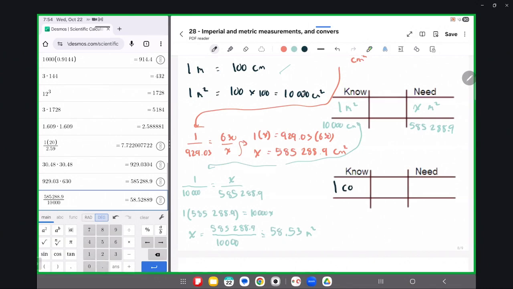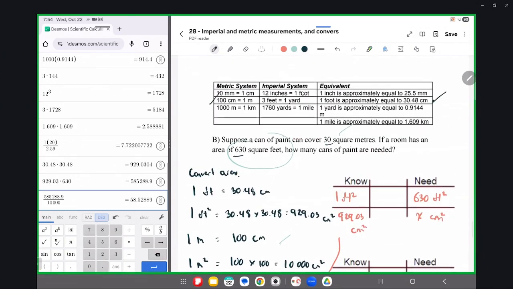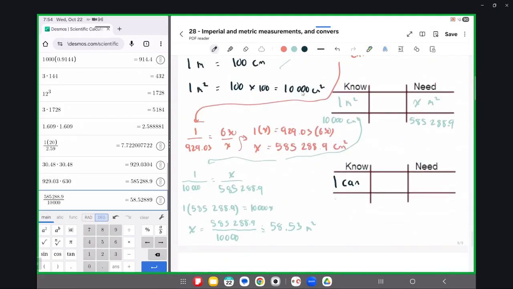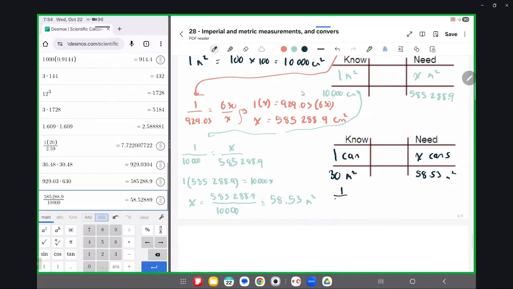We said that 1 can was equal to 30 meters squared, and we need to find out how many cans we need to fill a room that is 58.53 meters squared. So setting up our ratio, 1 over 30 is equal to x over 58.53.